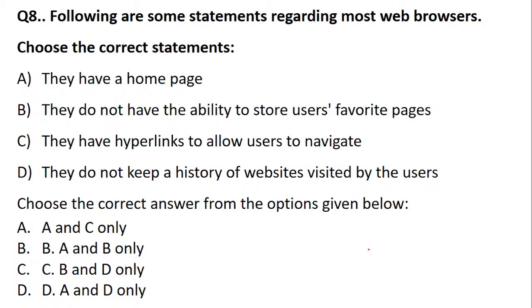So which of the given options is correct with respect to web browsers? You have to come up with a correct statement from the given options. Yes, waiting for everyone to answer. Yes, you can select.